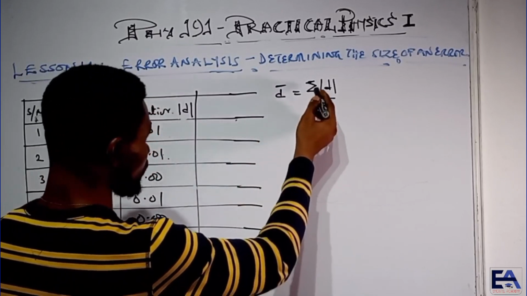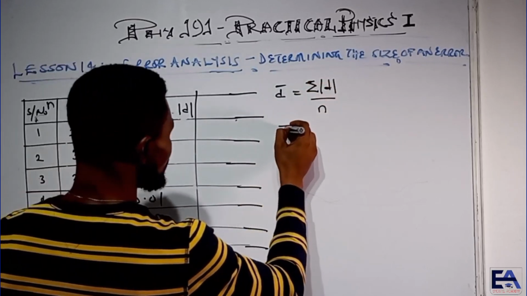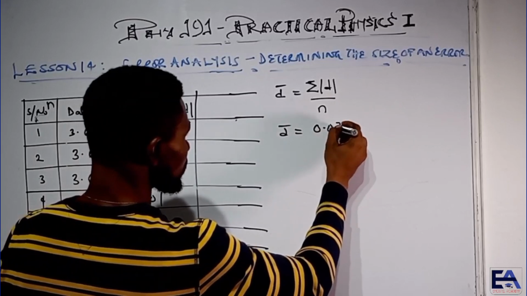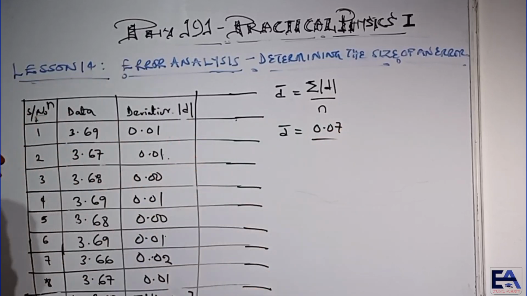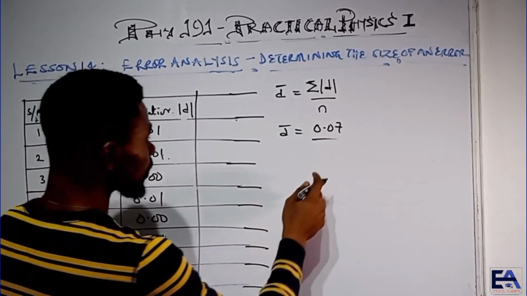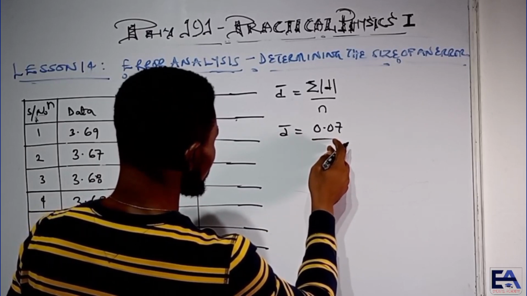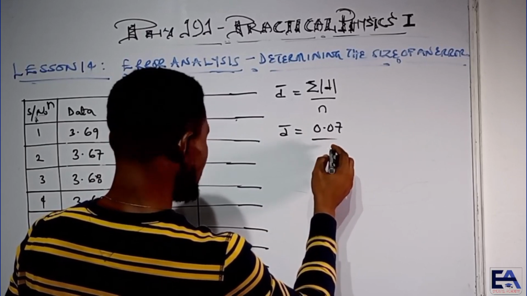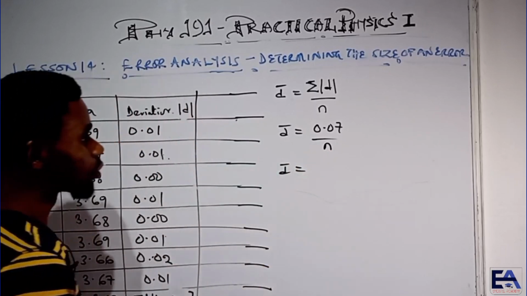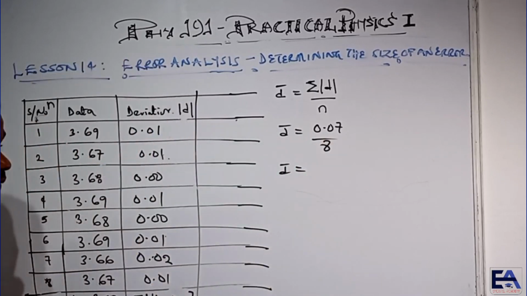So the mean deviation will be this over n. So then we have bar D is not equal to this 0.07. You're not finding the square, there's no need for this analysis that we are doing. So we have 0.07 divided by n. So we have bar D equal to, okay, n is 8, so 0.07 divided by 8.